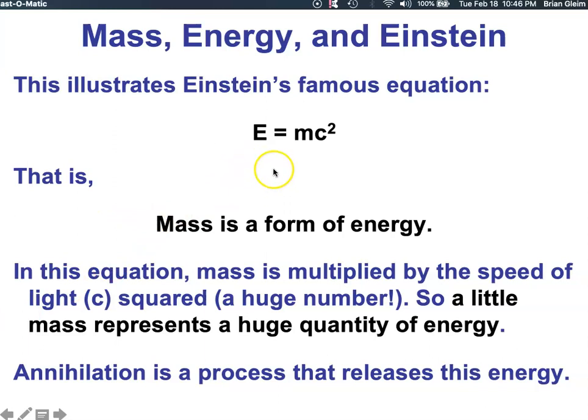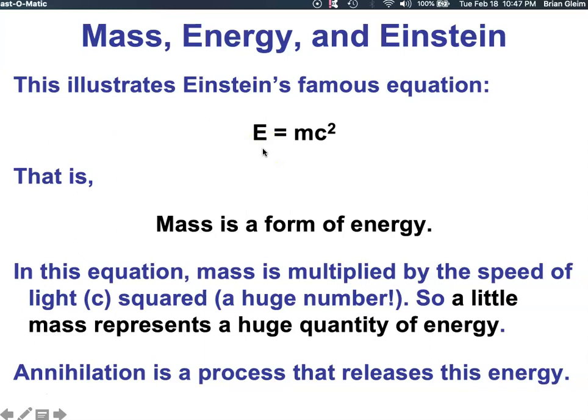What this equation means is that the energy contained in mass is equal to the mass of that particle times the speed of light squared, right? The speed of light is symbolized with a c. And so energy and mass are interconvertible. You can convert mass into energy, or you can convert energy into mass. You can convert particles into photons. You can convert mass into energy because they're all the same thing.